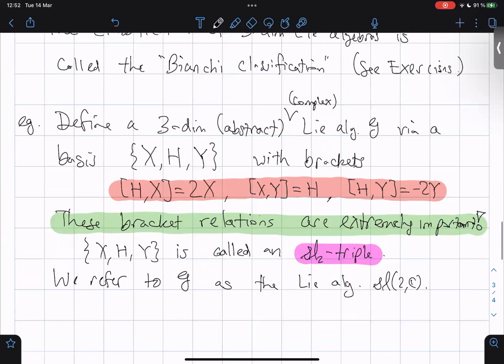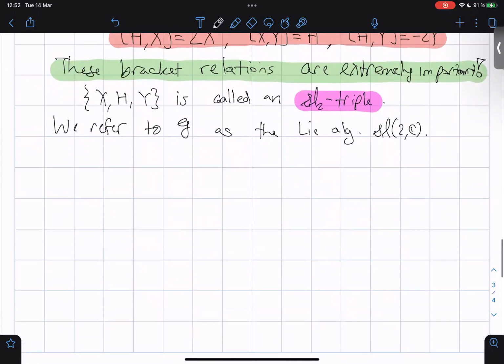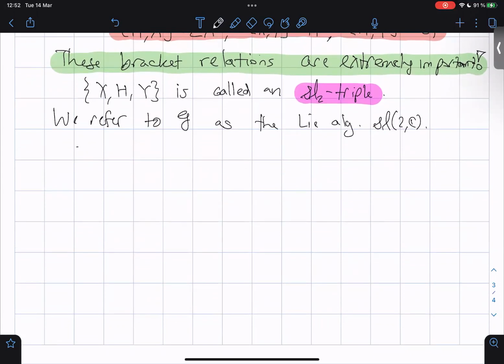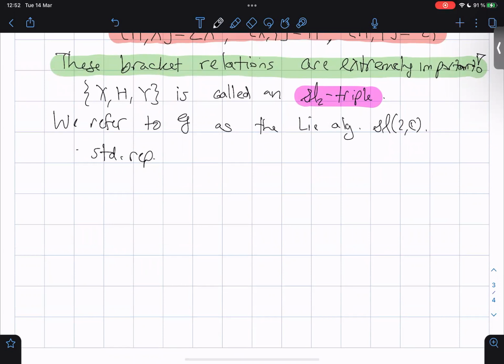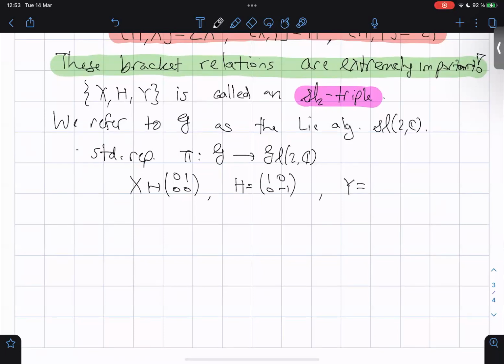So of course we have our standard representation and our adjoint representation. The standard rep is pi from G to GL of C2. It associates to capital X the matrix that looks like this, and to H the matrix that looks like that.